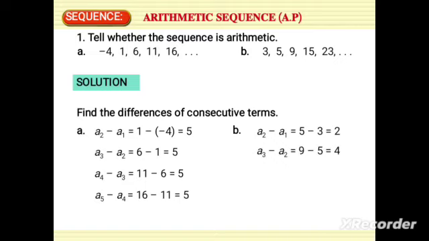So we have 5 minus 3, we get 2, and the other one will be 9 minus 5, we get 4. The other one is 15 minus 9, you get 6, and lastly 23 minus 15, which is 8. So you realize that these differences are not common. That means the sequence itself is not an arithmetic progression because the difference is not common.